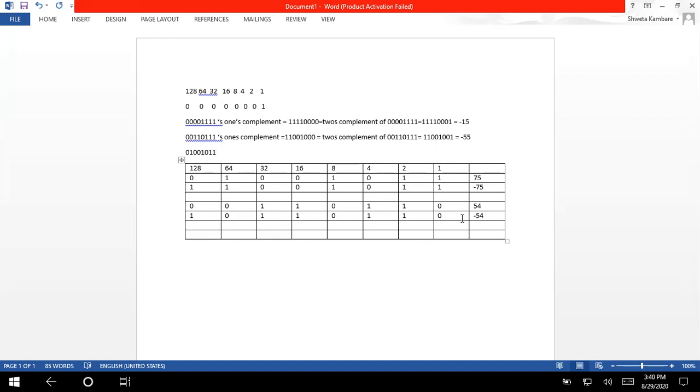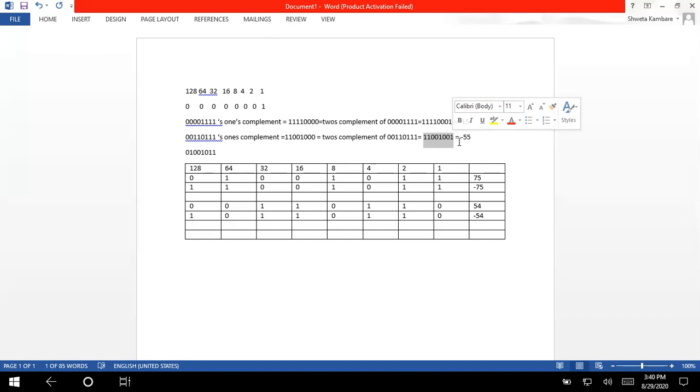Try to understand these are two different representation schemes. So based on the representation scheme, you will know which number it is. The computer will know this is minus 55 only when it is specified that this is represented by using 2's complement representation.